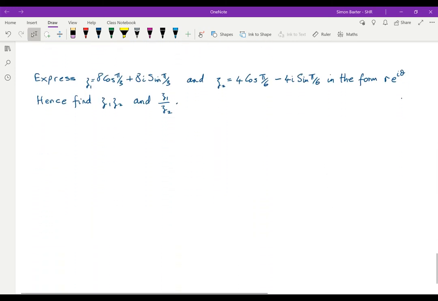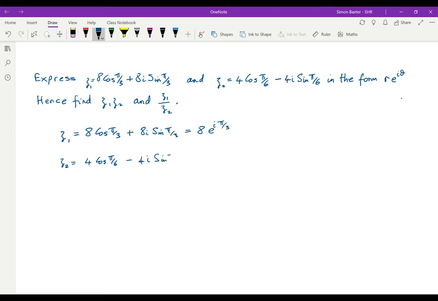Let's look at an example doing this. z1 is 8 cos pi by 3 plus 8i sine pi by 3. So that has modulus 8 and argument pi by 3, so it's 8e to the i pi by 3. z2 is 4 cos pi by 6 minus 4i sine pi by 6.